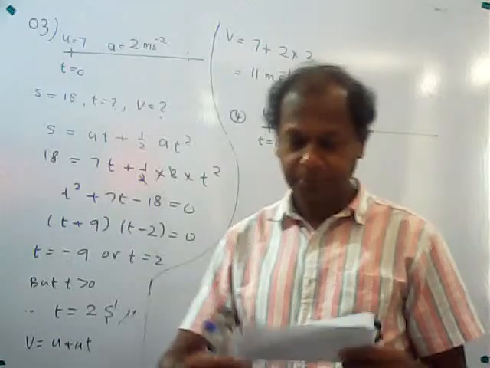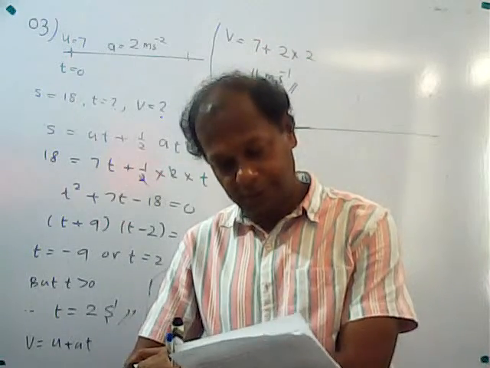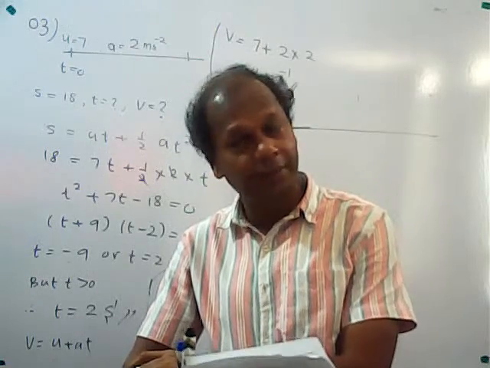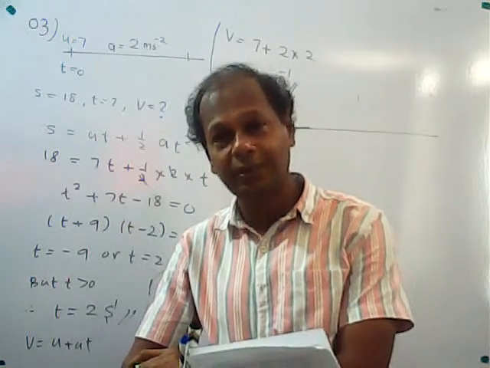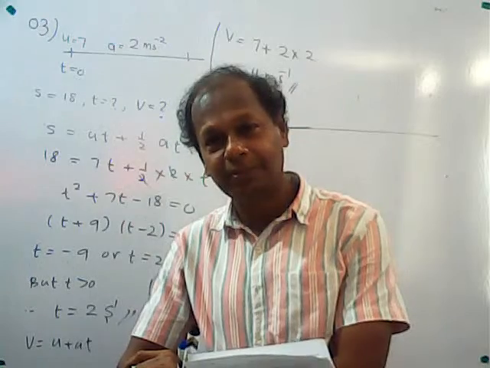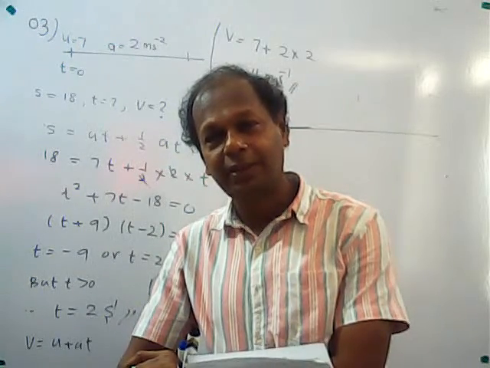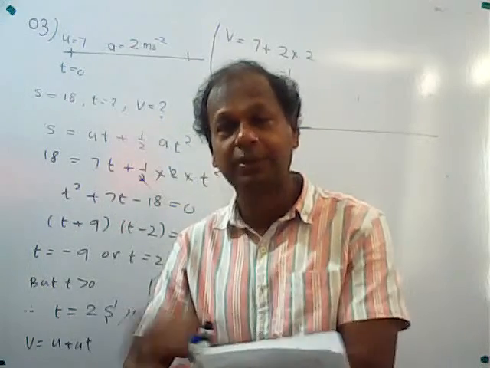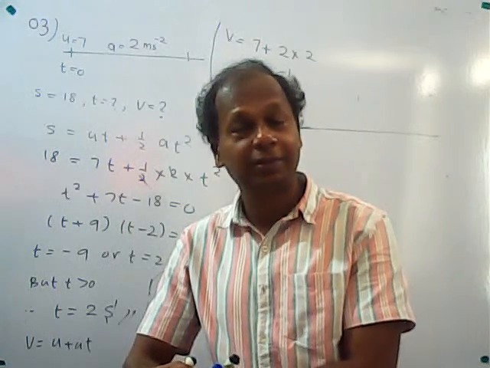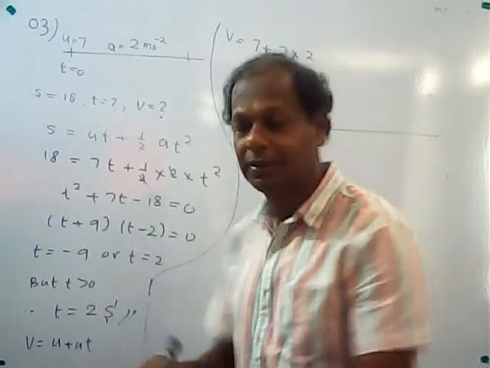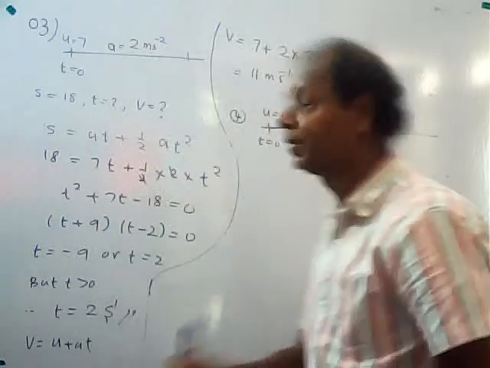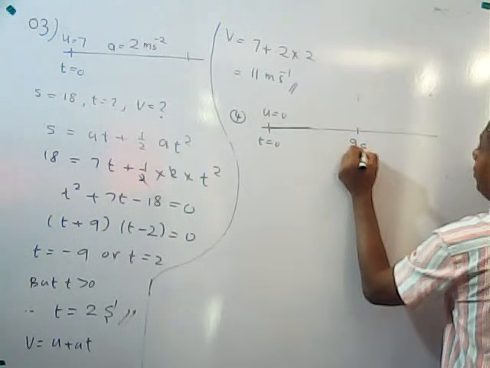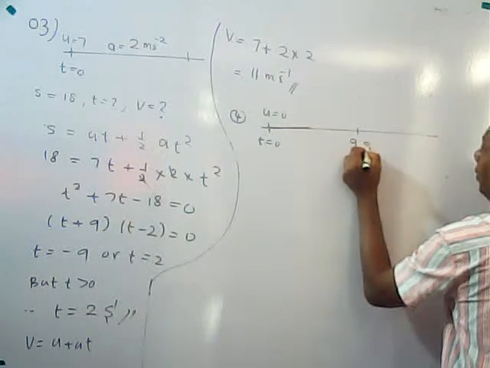Number 4. See if you got it correctly. It travels 19 meters in the 10th second, not in 10 seconds. It travels 19 meters in the 10th second, right? That's 1 second, the 10th second, not in 10 seconds. So it travels 19 meters from 9 seconds to 10 seconds.